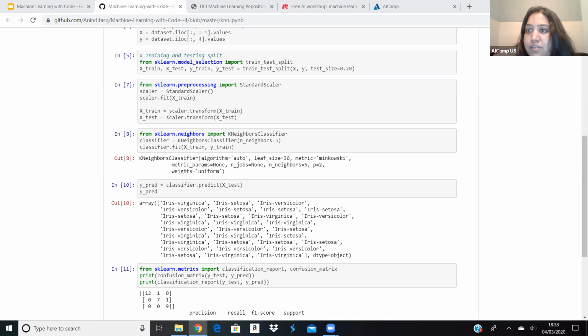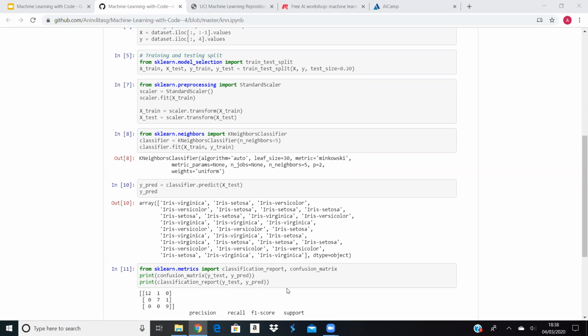So to find out whether our code is working correctly, we need to use a class from sklearn, which is sklearn.metrics, and we will find out the classification report and the confusion matrix.